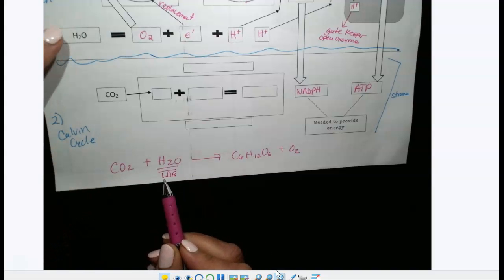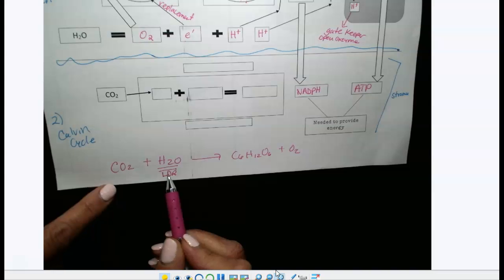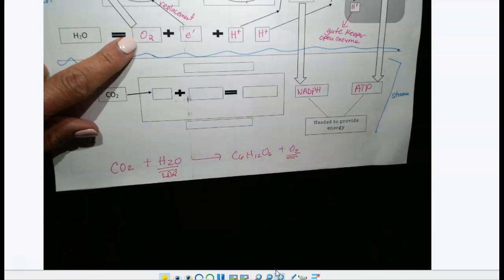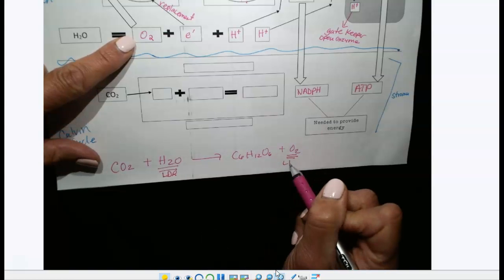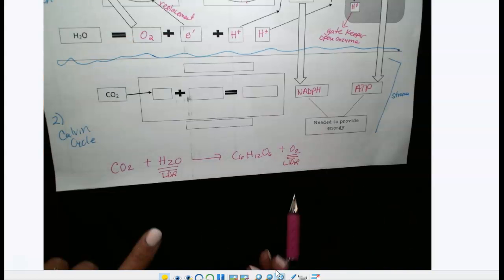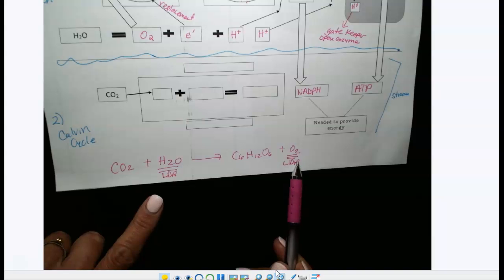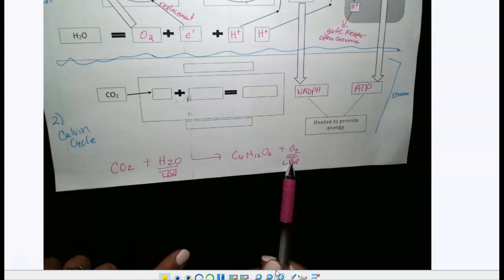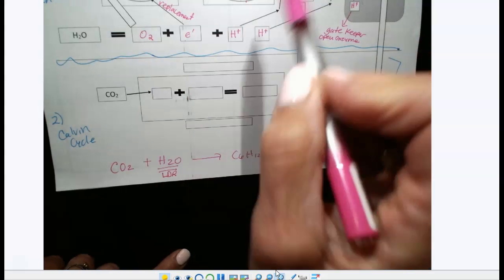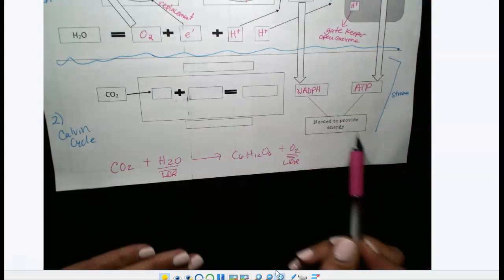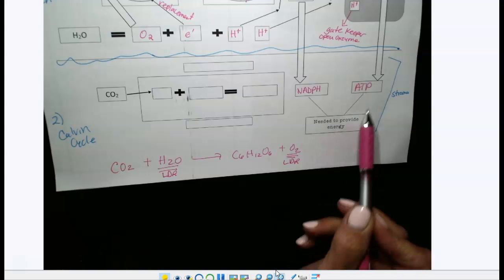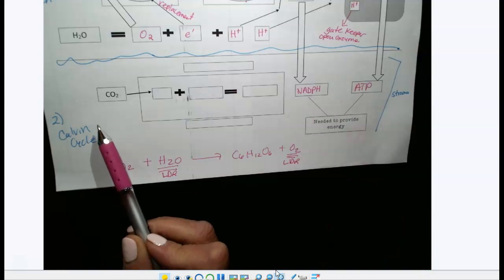So we broke the water down, and we made the oxygen as well. That is in the light-dependent reaction. So far, those are the only two things we've dealt with. We've used the water, and we've made oxygen. All of this electron stuff gives us the two molecules that give us the energy for all of this to happen. Okay?